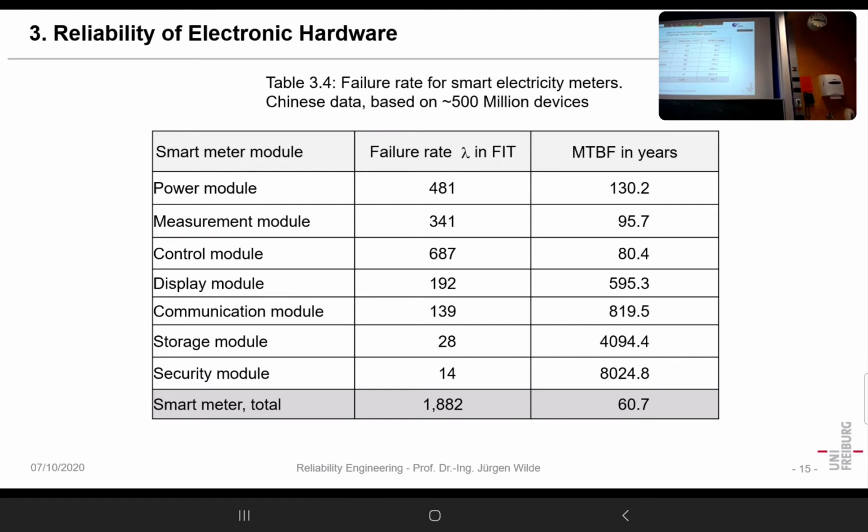So it was refused. But in the end, I addressed the authors, and it was a cooperation between an American institute and a Chinese institution, and in the end, it's one of the few real field data you have on reliability of devices, and I never saw something with such a statistical basis.